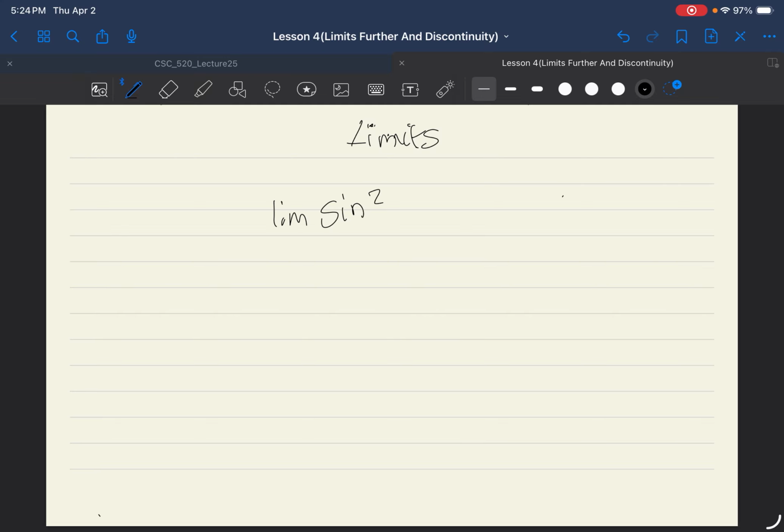Let's do sine squared of pi x divided by, let's do 4x squared. Why not?